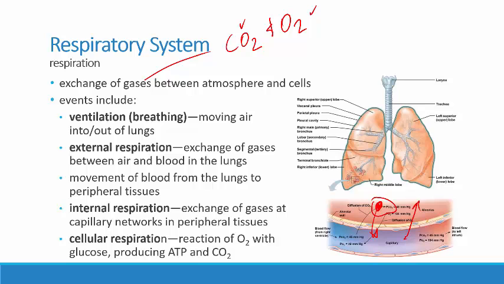And then last of all is cellular respiration. So this is a cell here. Cellular respiration is the actual processes, all the chemical reactions that use oxygen and glucose to make ATP. And all of that occurs then at the mitochondria.